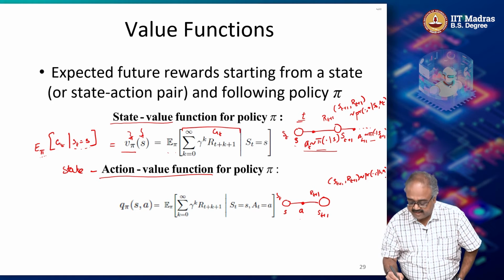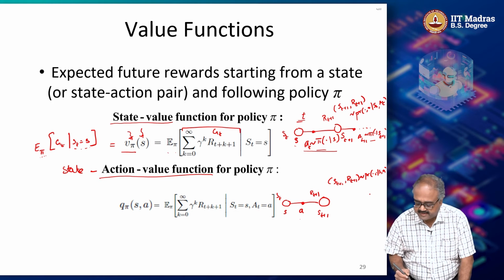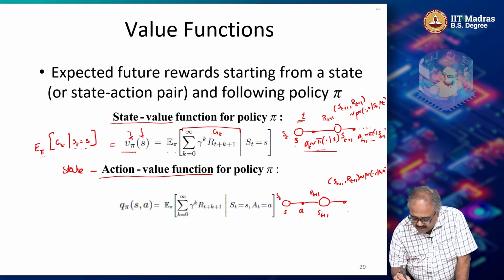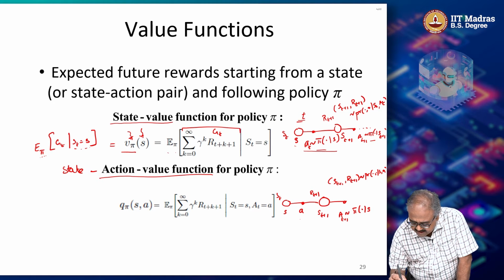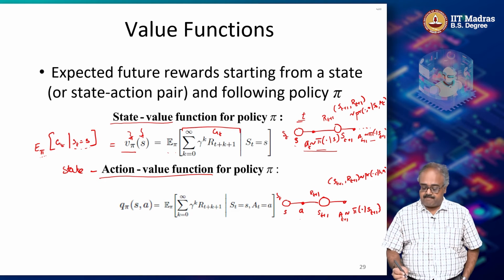So notice that it's not S_t, A_t, it is S comma A. And once I am at S_t+1, I have to look at A_t+1, which is going back to my previous setting, and A_t+1 is now going to be sampled from pi.